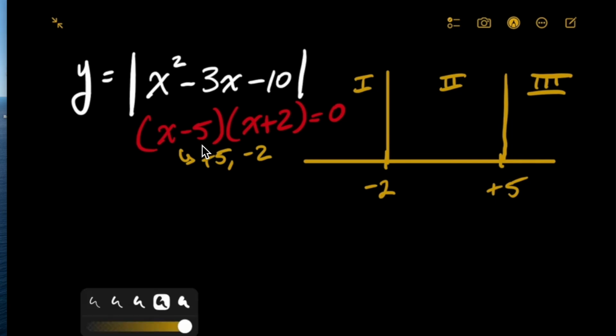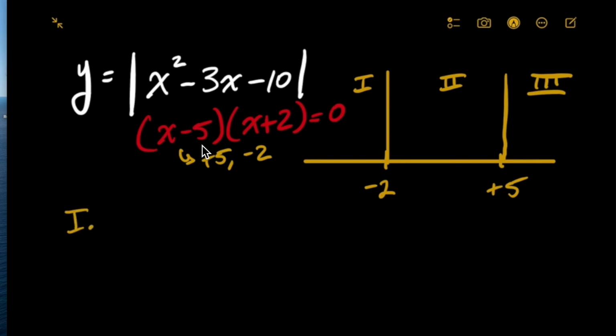Let's go ahead and examine zone 1. In zone 1, the x value is going to be less than -2. Now, when we plug in, folks, we don't need to know the exact values. All we need to know is if we're going to get a positive value or a negative value, and that'll tell us if the whole function is positive or negative.